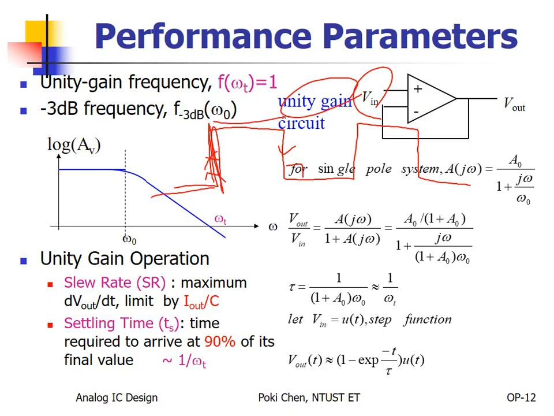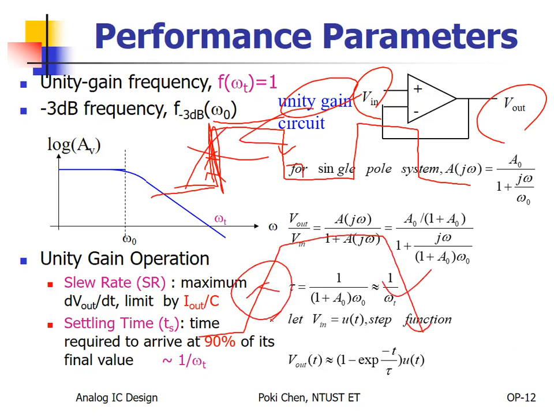That is only in theory. If you apply such an ideal waveform to your input, how about your output? Sorry, they don't follow it. It will go like this and that. So for the rising or the falling edges, how fast can it go? That is the so-called slew rate.